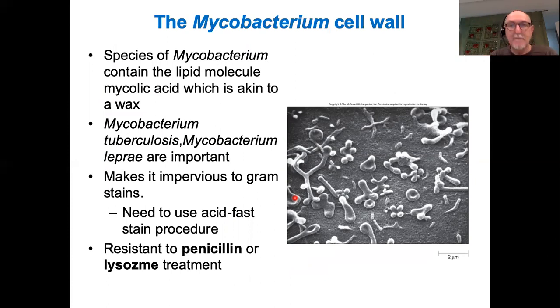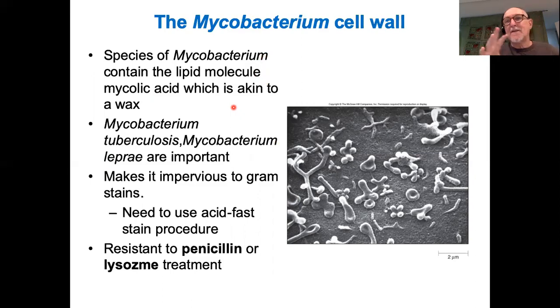This is Mycobacterium, and Mycobacterium has a specialized cell wall. I'm sorry, it's not that it doesn't have a cell wall. Mycobacterium contains a very strange lipid in its cell wall. It's called mycolic acid, and it's like a wax.